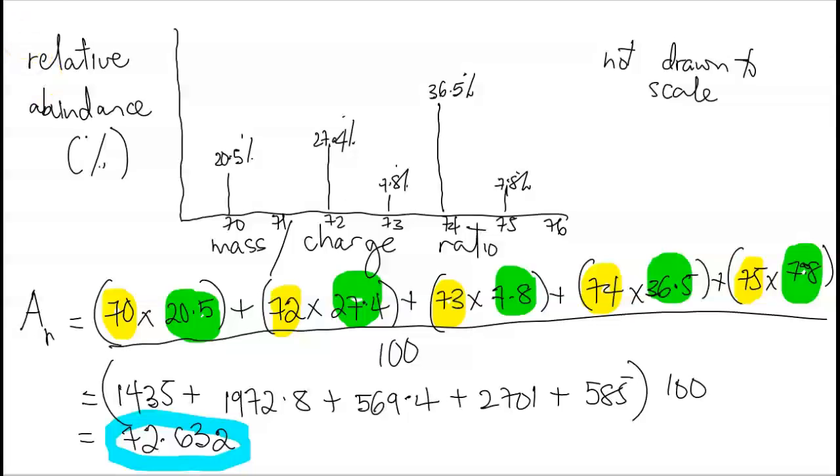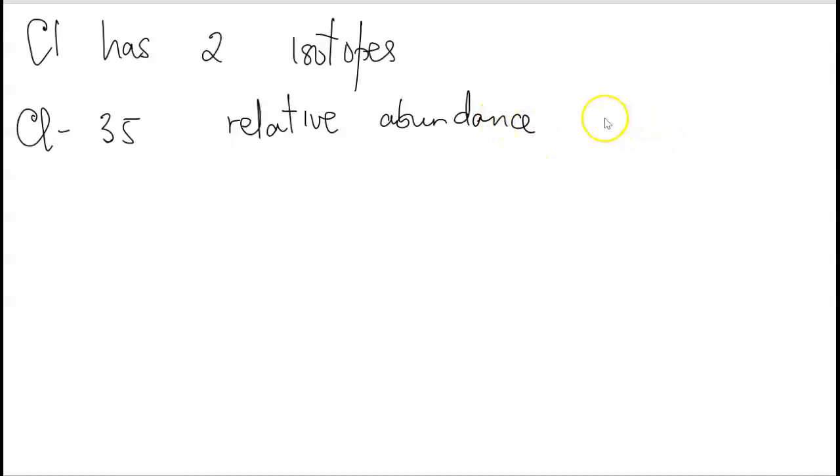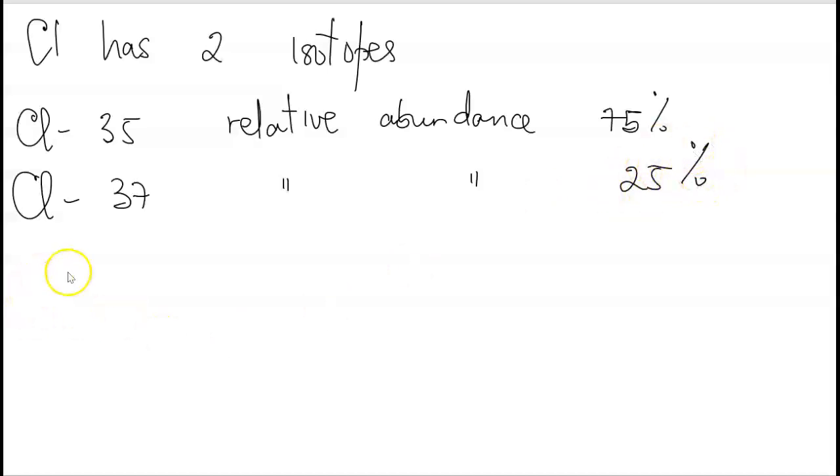Let's look at another example. Say you are told that chlorine has 2 isotopes, chlorine 35 with relative abundance 75%, chlorine 37 with relative abundance 25%. You need to find the Ar.